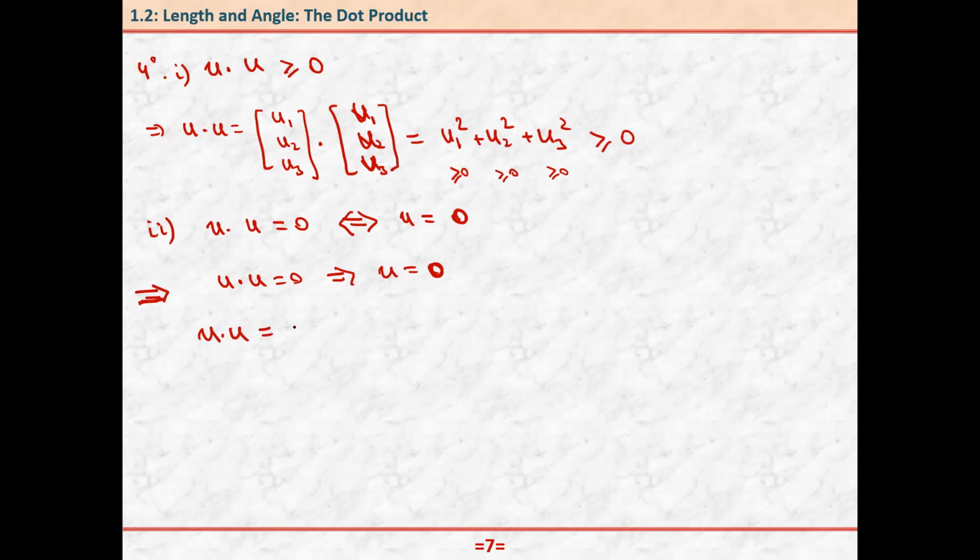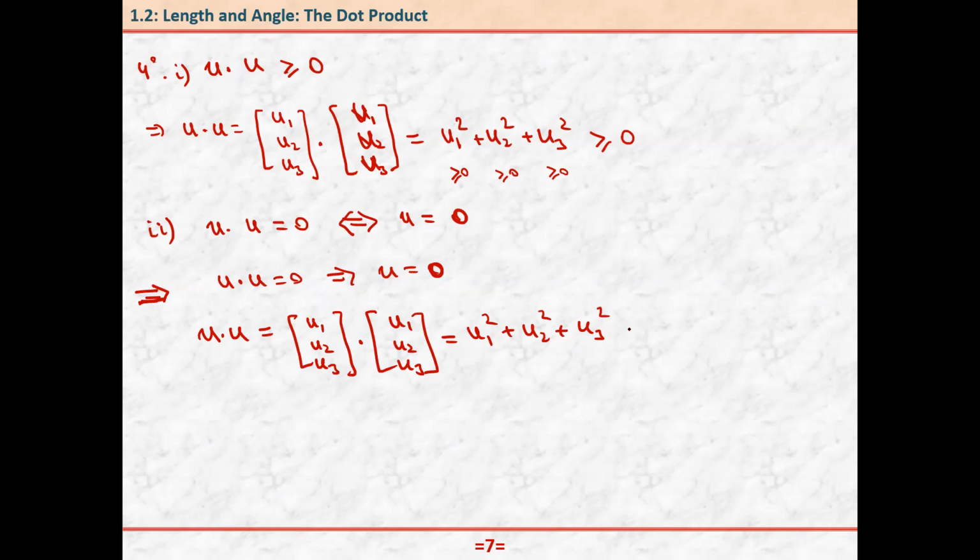That is u sub 1, u sub 2, u sub 3, dot u sub 1, u sub 2, u sub 3, which is equal to u sub 1 times u sub 1, u sub 1 squared, plus u sub 2 squared, plus u sub 3 squared.